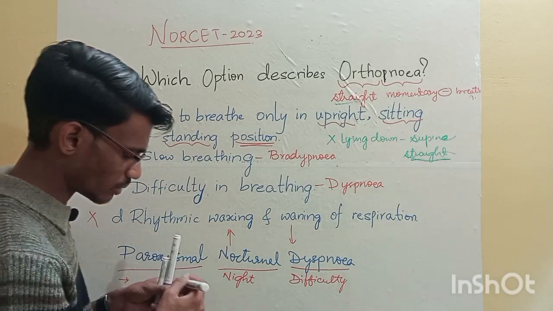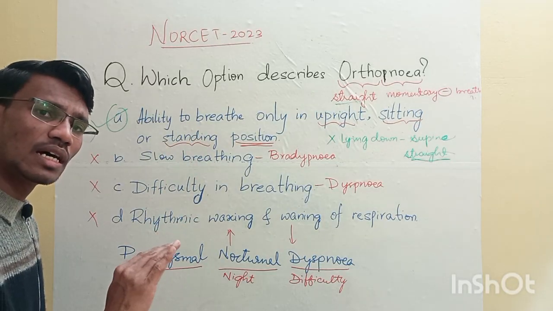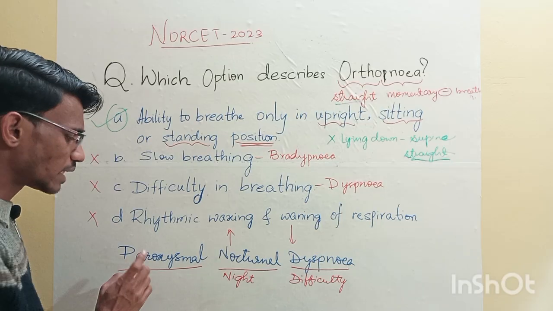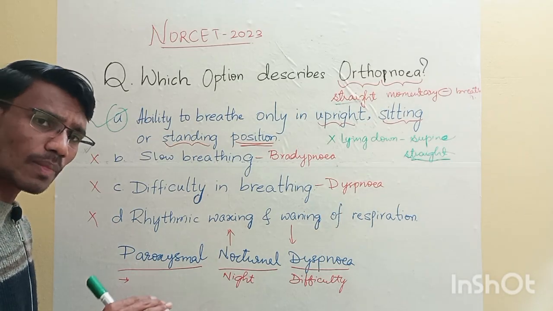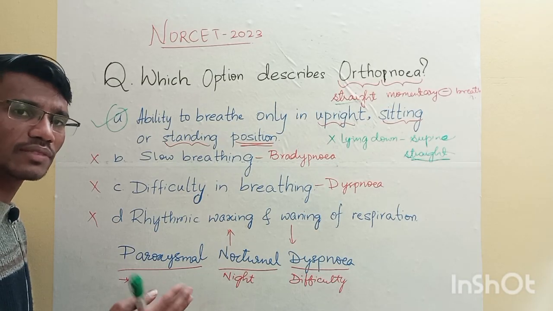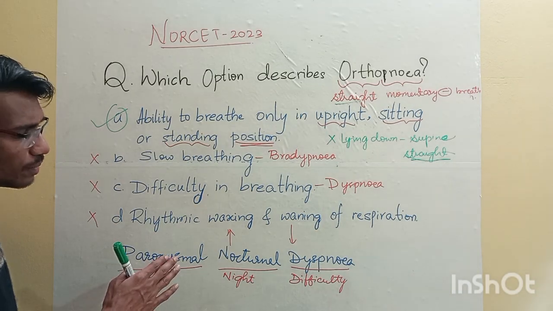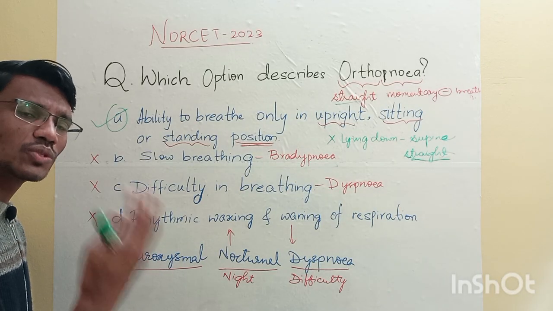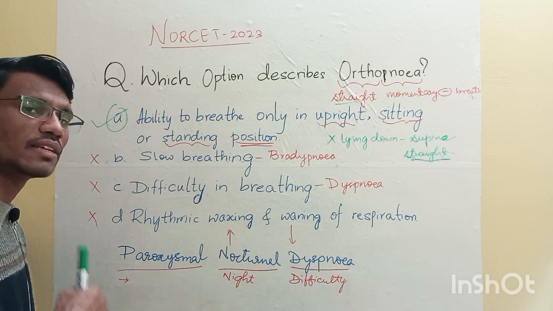So what is the paroxysm here? In orthopnea, the patient has immediate difficulty in breathing when he lies down. But in case of paroxysmal nocturnal dyspnea, the patient gets the symptoms of breathing difficulty after sleeping for 2 to 3 hours. The patient feels that he is unable to breathe. He goes to the window, takes deep breaths of fresh air, and then he feels better.